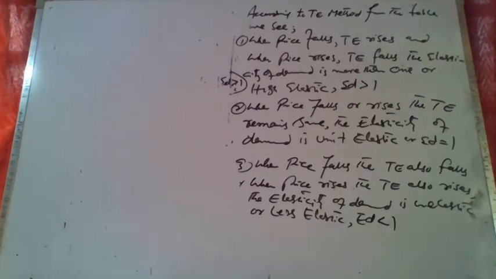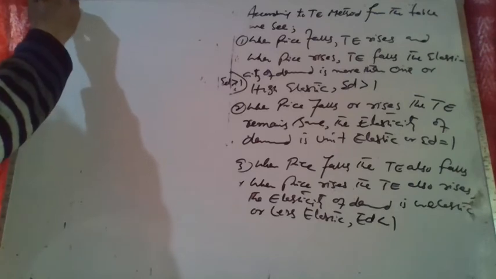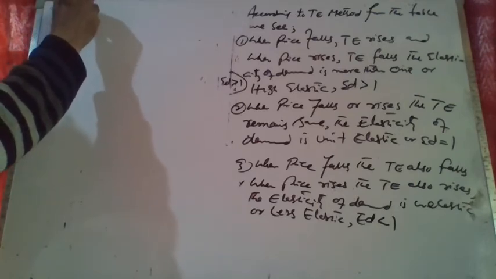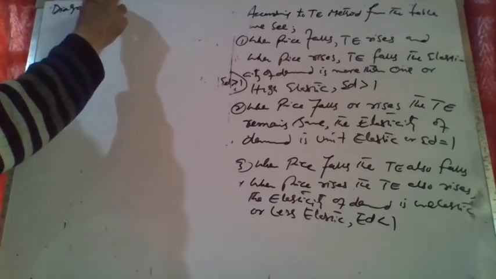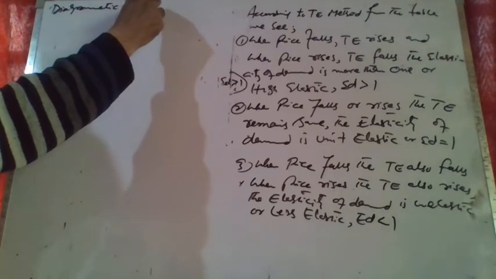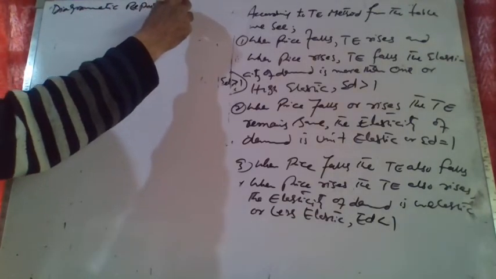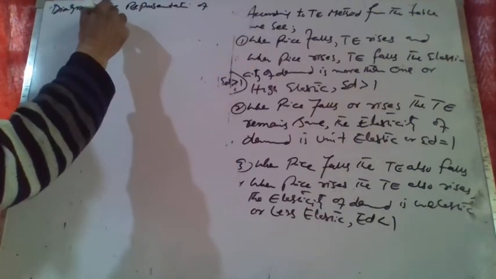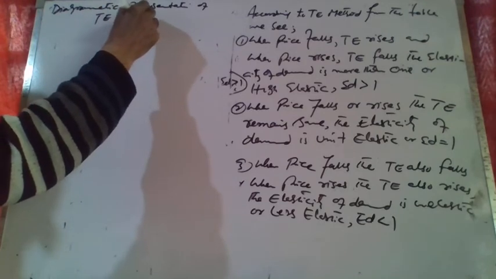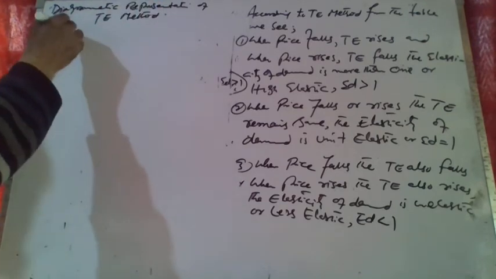So we can make a good relationship between total expenditure and price: the diagrammatic representation of the total expenditure method. किस तरह हम दिखाएंगे?